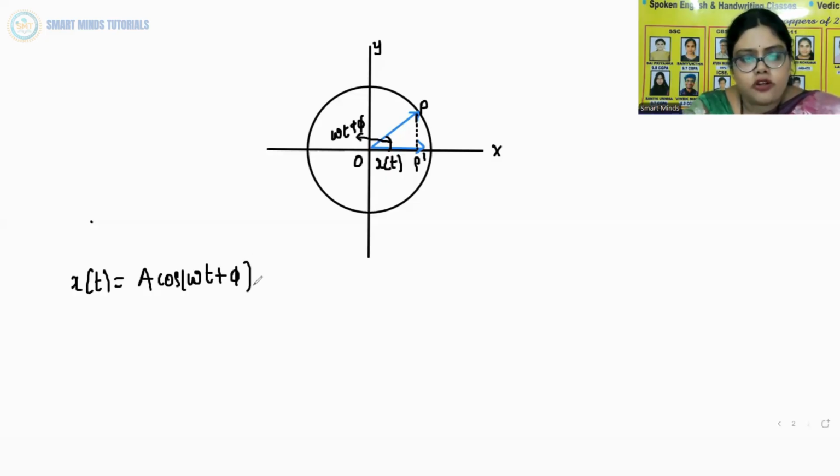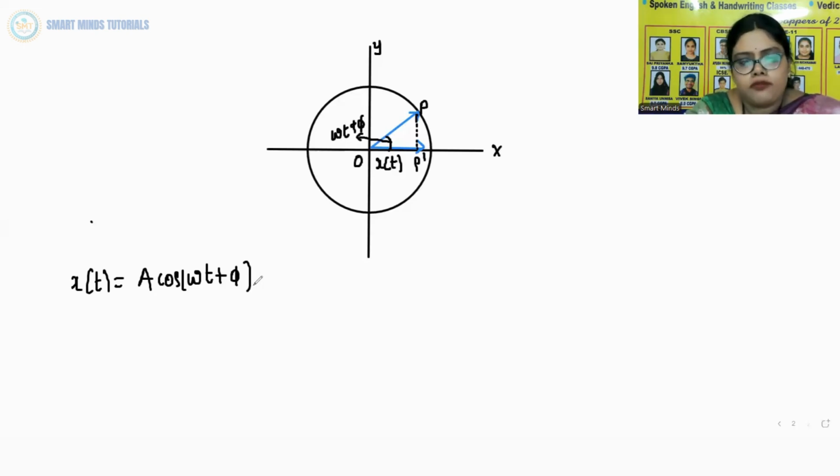This is the defining equation of simple harmonic motion. So this shows that if P moves uniformly on a circle, then its projection P dash on a diameter of the circle executes SHM. The particle P and the circle on which it moves are sometimes referred to as the reference particle and reference circle.